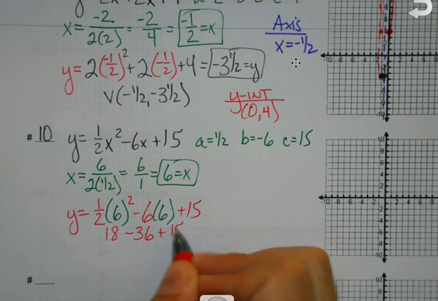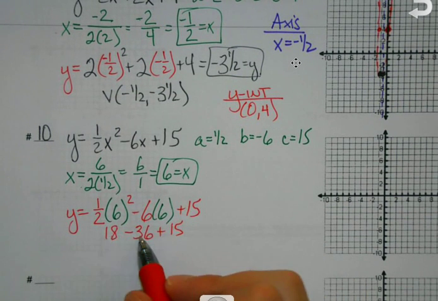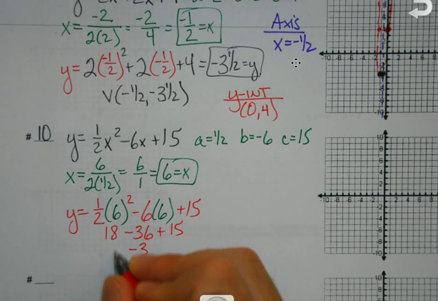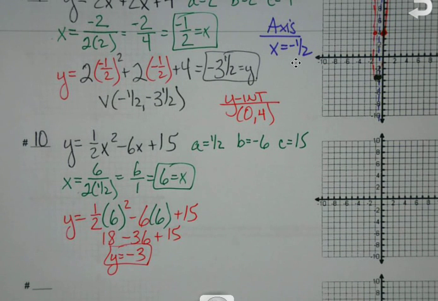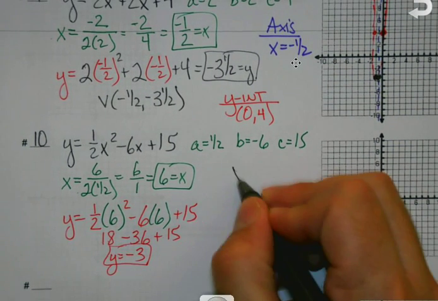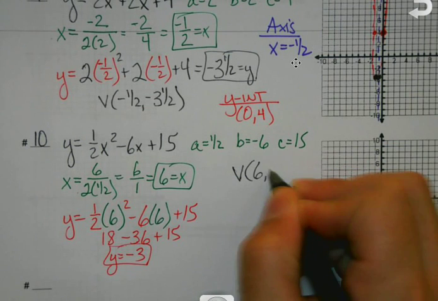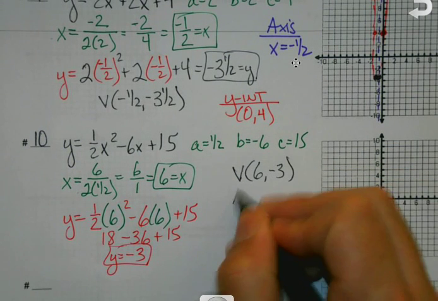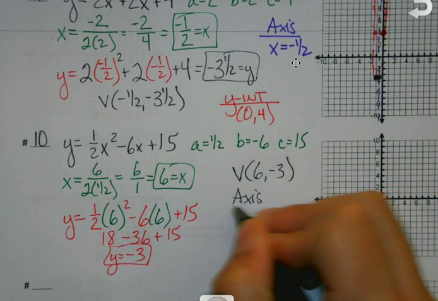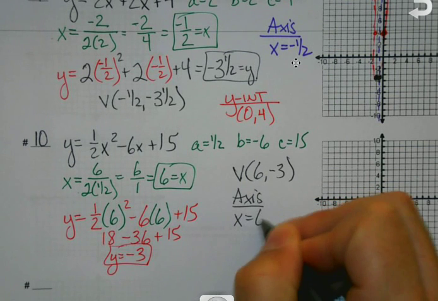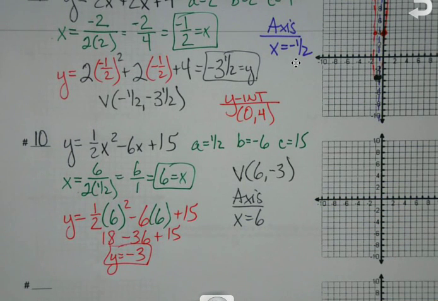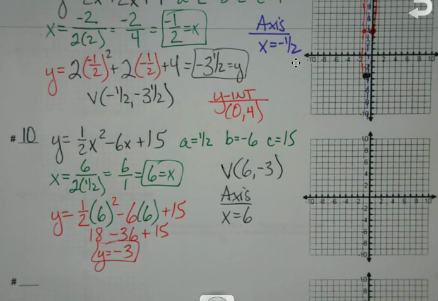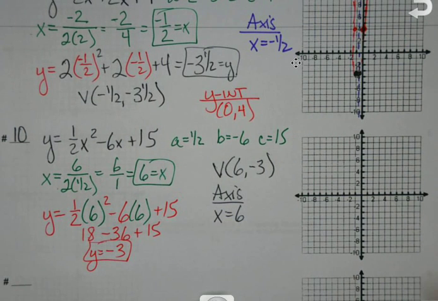Minus 36 plus 15. Negative 18 plus 15 is negative 3. So my vertex is at 6, negative 3. My axis of symmetry is going to be at x equals 6. So let's see. 6, negative 3.